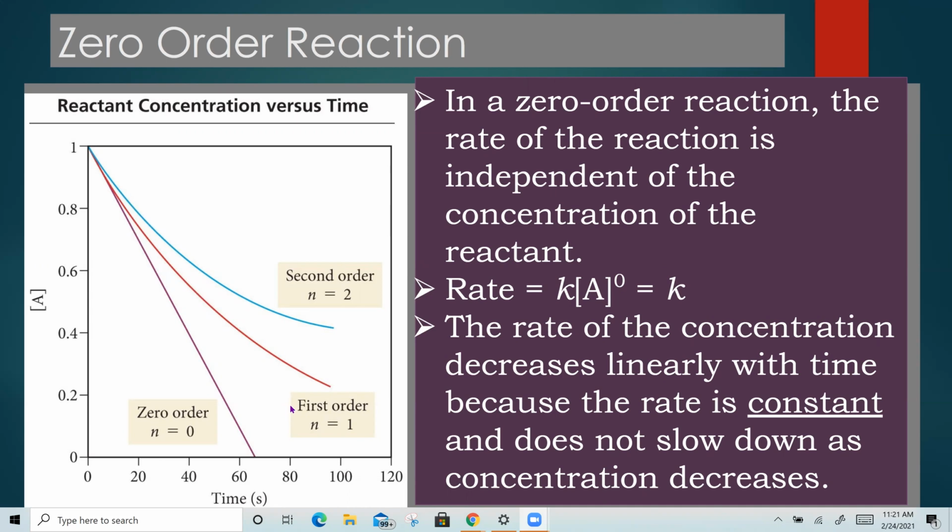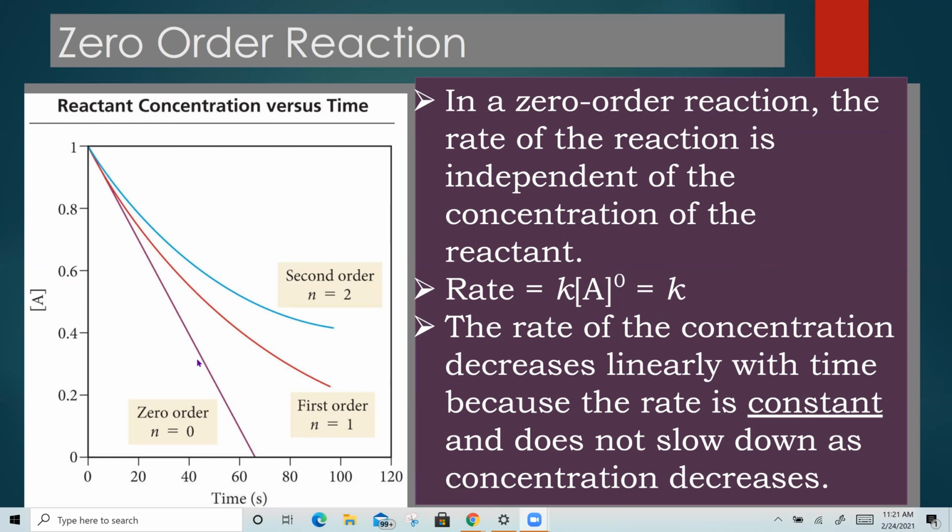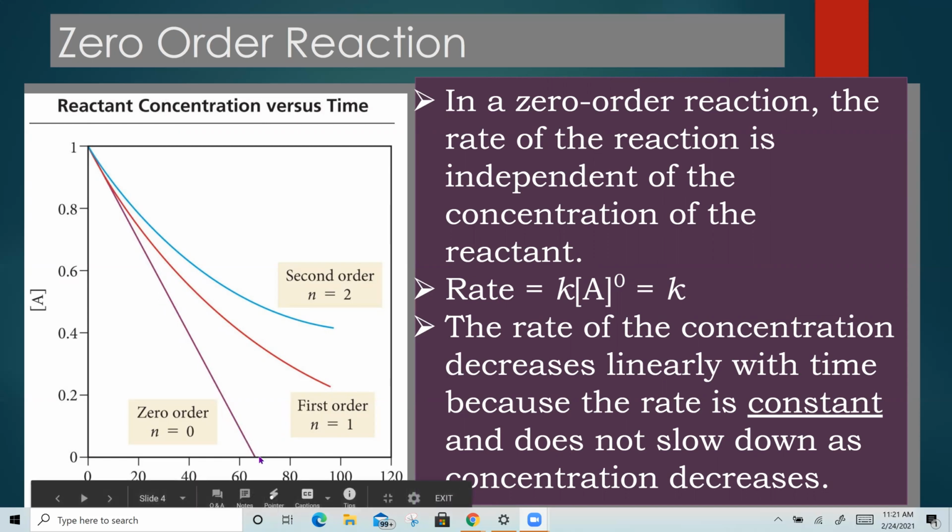And so the concentration decreases over time, all right? And that's what this is showing. This is going to decrease over time, and it's very linear. Even though the concentration is decreasing, it's decreasing at the same rate the entire time. Now, that's hard to see here, but your change in concentration over time gives you the same rate regardless of where you're at. So this is a very linear plot.